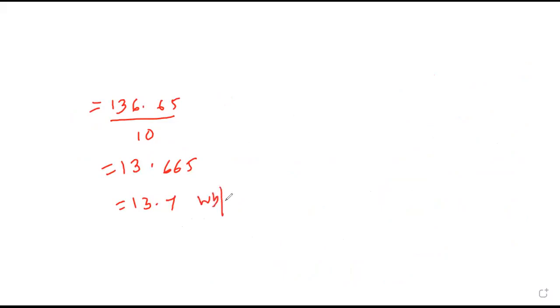Yeah. Divide by 10, so it is 13.665. That means 13.7. They have given 13.4 only because we have rounded off the denominator as 10. So this will also be correct. Magnetic field is in Weber per meter square or Tesla.